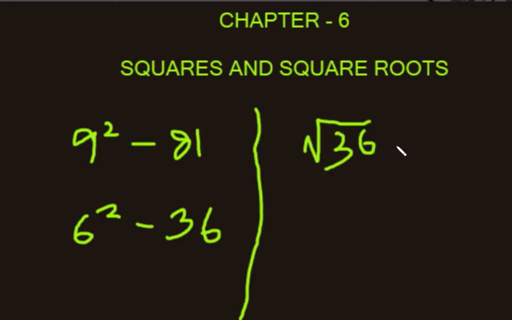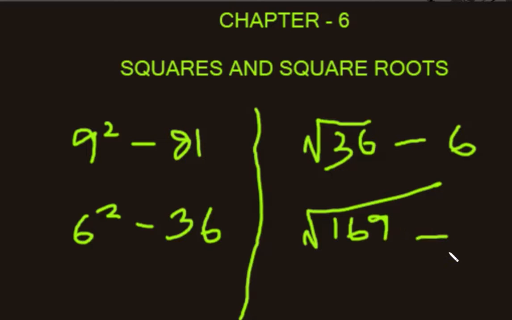It is just the inverse process. 6 into 6, it is 36. So, the square root of 36 is 6. Now, what is the square root of 169? It is 13, because 13 into 13 will give you 169.